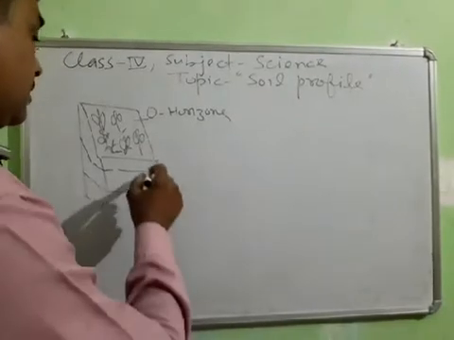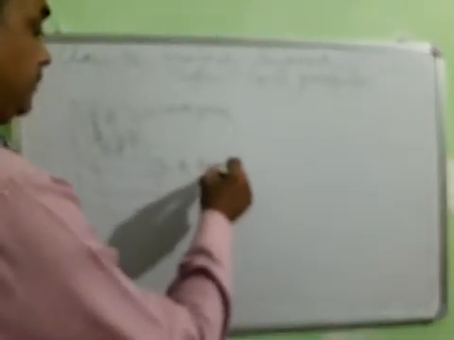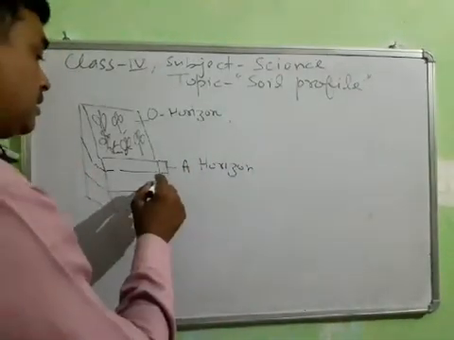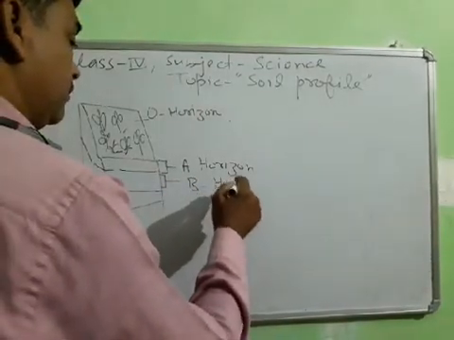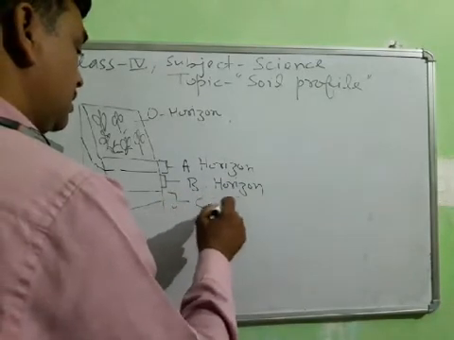Below this layer is called the A horizon, and below this is called the B horizon, and below B is called the C horizon.